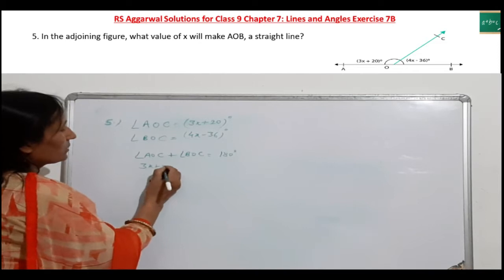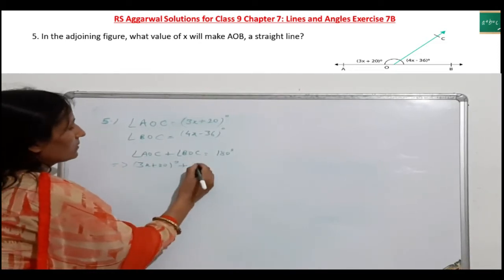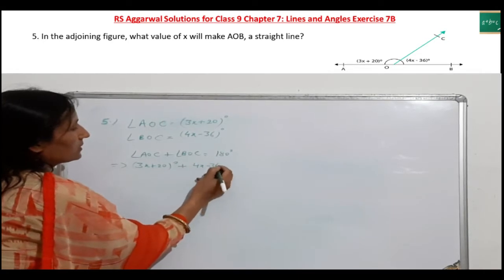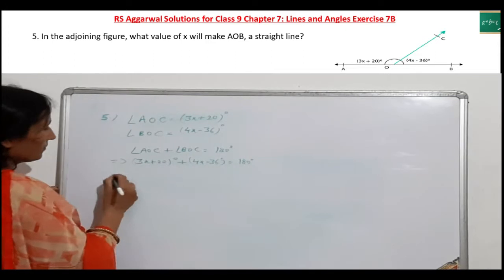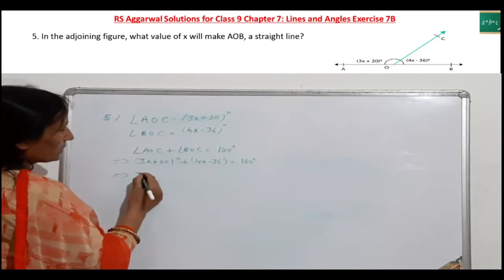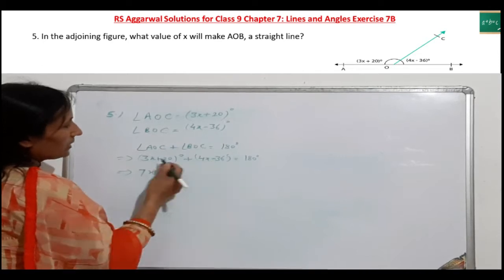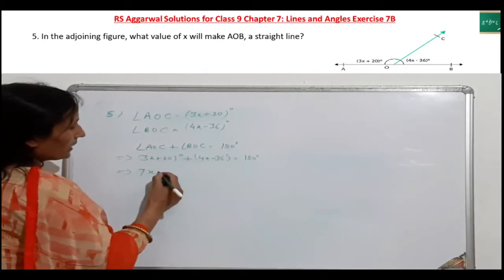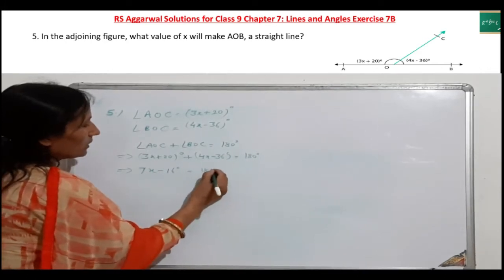3x plus 20 degree plus 4x minus 36 is equal to 180 degree. Now 3x plus 4x will be 7x, and it is in minus and this is in a plus, so we will get minus 16 degree is equal to 180.